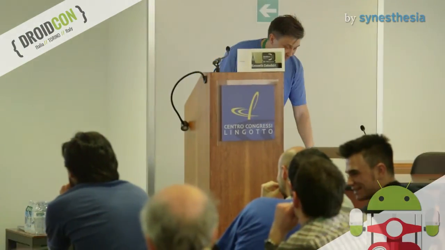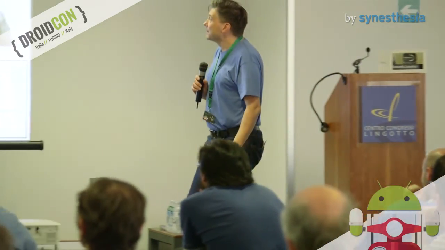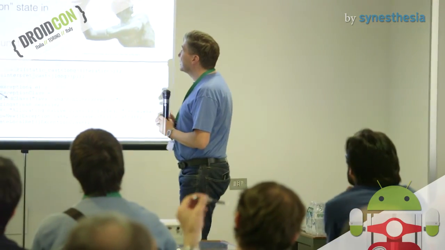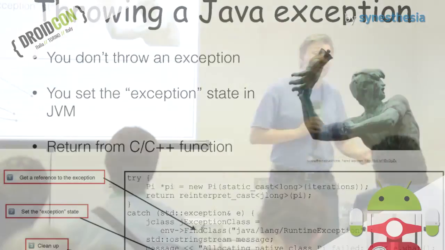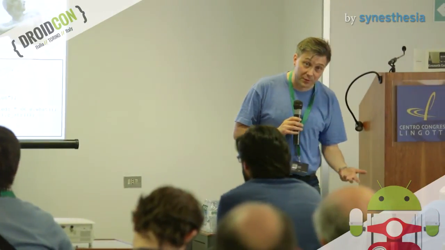How do you do that? Okay. Of course, in C++, you have try-catch functionality, just like in any language you have exceptions. So you try something and catch, and then in the catch part, first you look up the class you want, and finding a Java class from C++ is expensive.